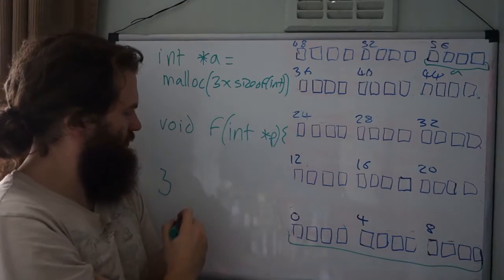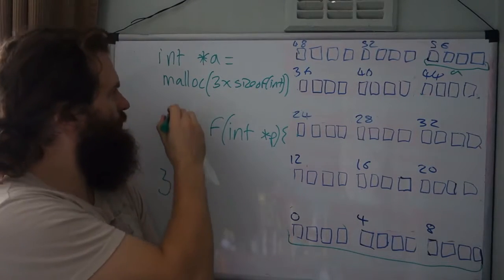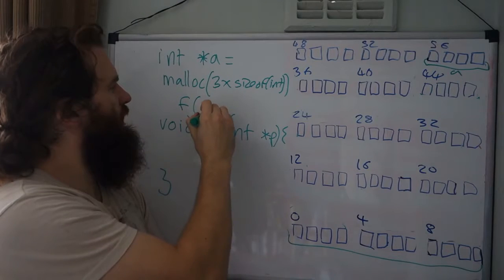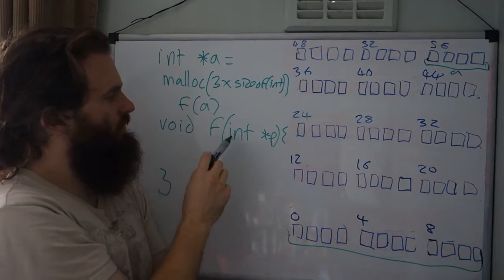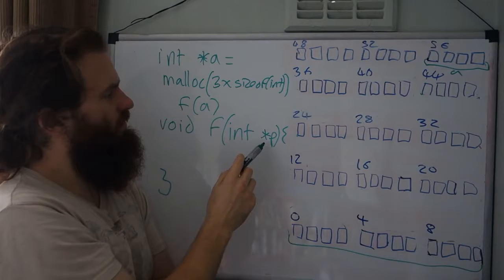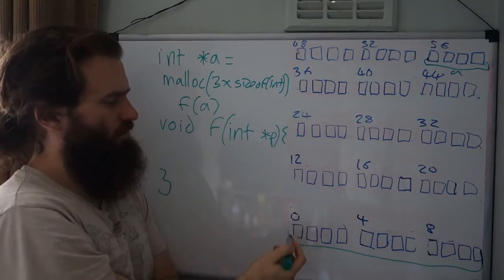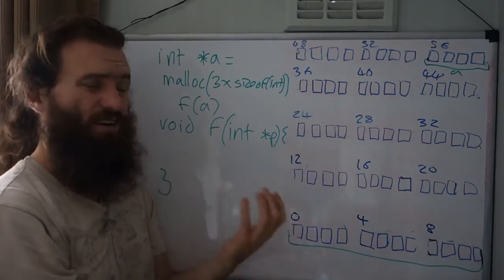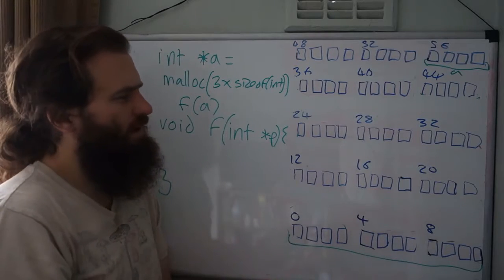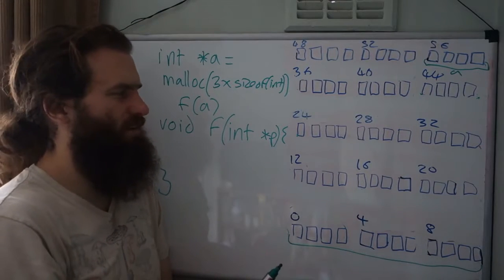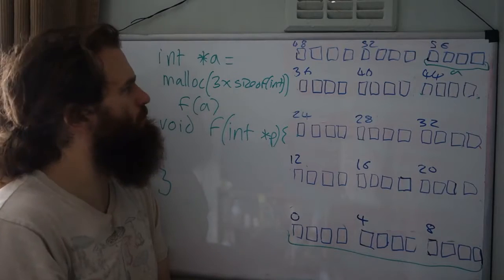So if we were to call this function like f(a), p here would just have the value 0, because it's just an address. And so we always pass just the address.